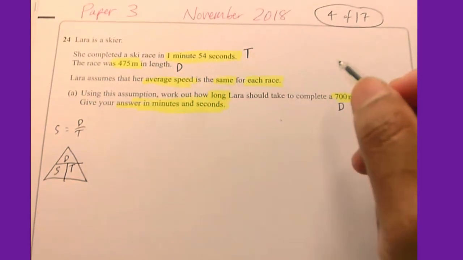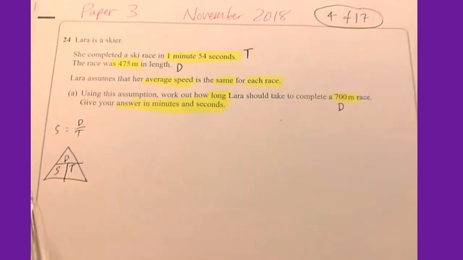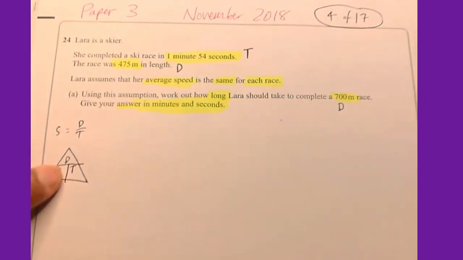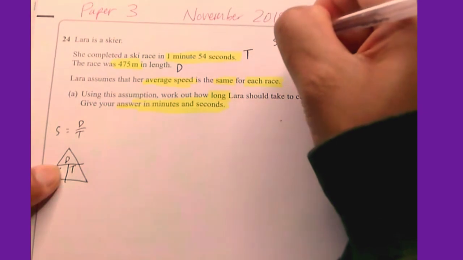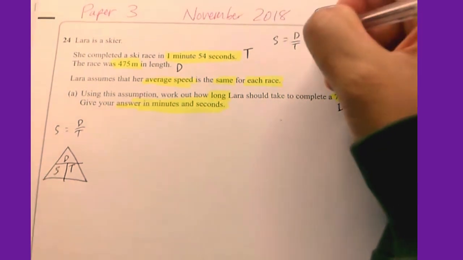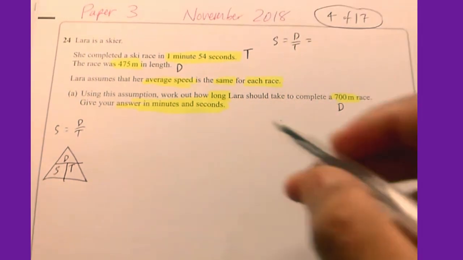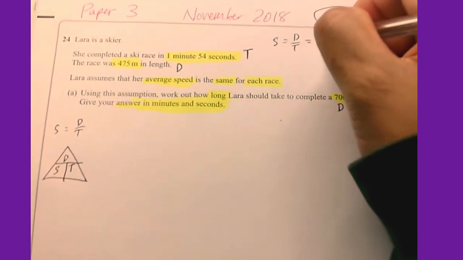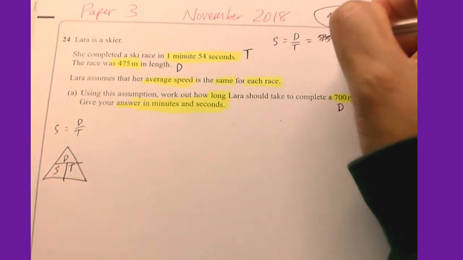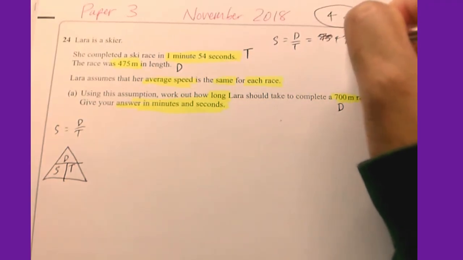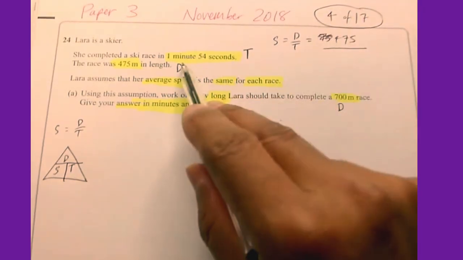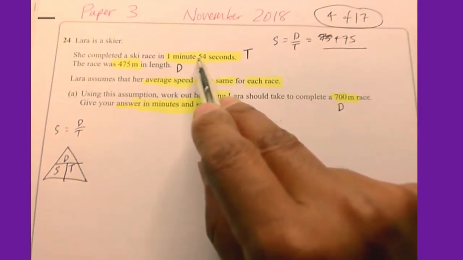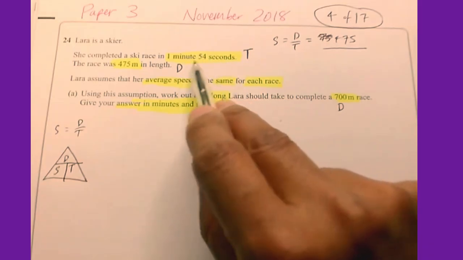If I cover the speed here, speed is distance divided by time. So speed equals distance divided by time. So my distance is 475 divided by, I've got 1 minute and 54 seconds. So my units are not the same here.